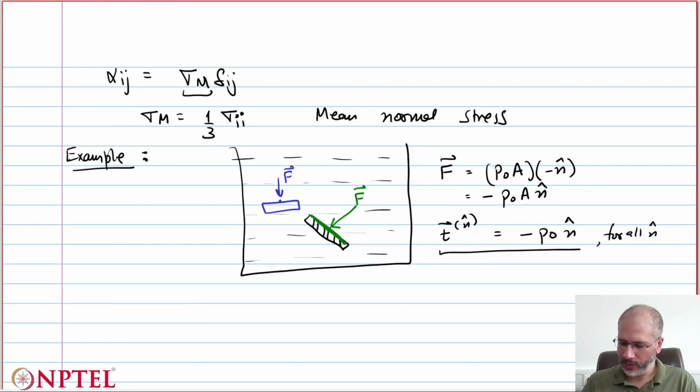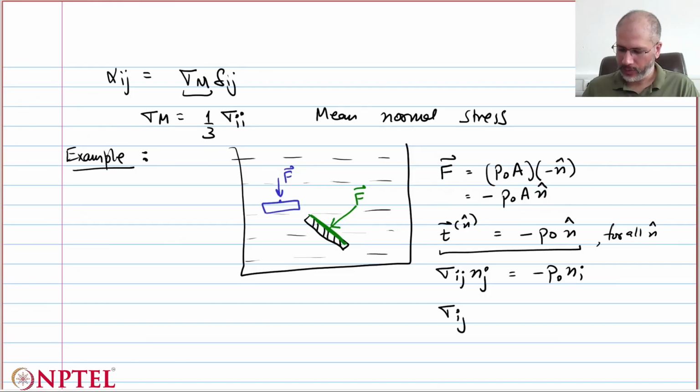And if you look at this situation, this is an eigenvalue problem, because your traction is acting along n hat, and that is only true when you have a purely normal stress situation. So if I write my traction as sigma ij nj, and this is minus p times ni, this means my stress tensor sigma is simply minus p naught times delta ij.